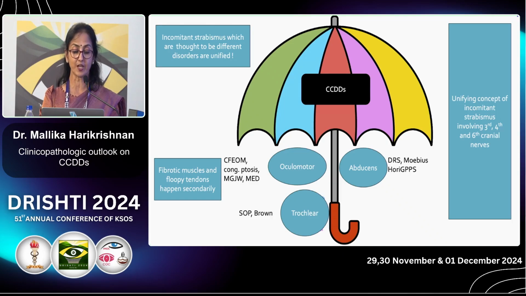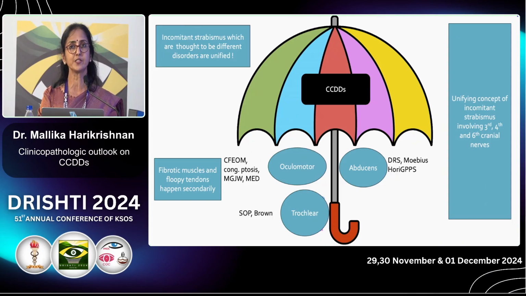The conditions affecting the abducens nerve are Duane's retraction syndrome, Mobius syndrome, and horizontal gaze palsy with progressive scoliosis. Those affecting the oculomotor nerve are congenital fibrosis of extraocular muscles, congenital ptosis in some varieties, the Marcus Gunn jaw-winking phenomenon, and monocular deficit syndromes in some varieties.